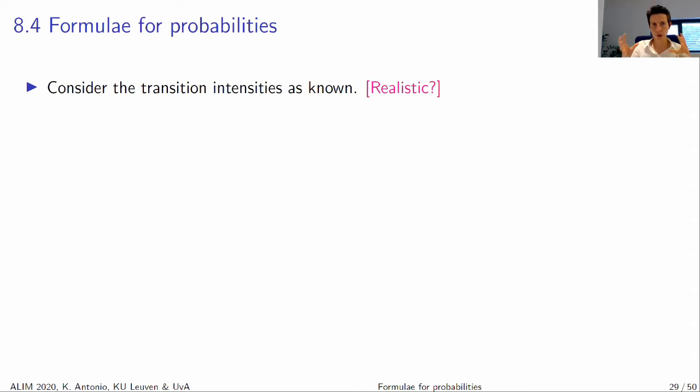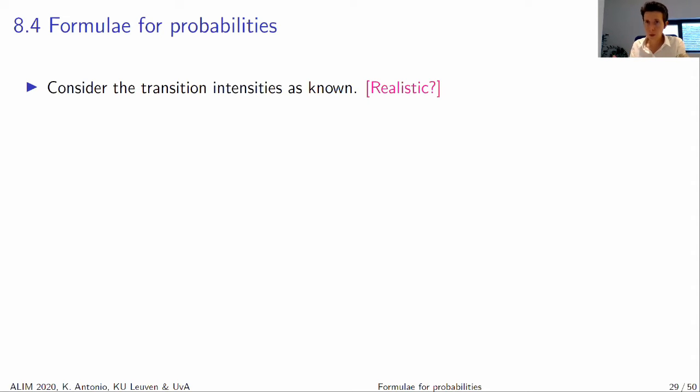So what we'll do for now is we're going to assume that the transition intensities are known. And I put here in brackets, is that realistic? No, of course, it's not a realistic situation because it's very hard to come up with meaningful numbers for what these transition intensities will be.